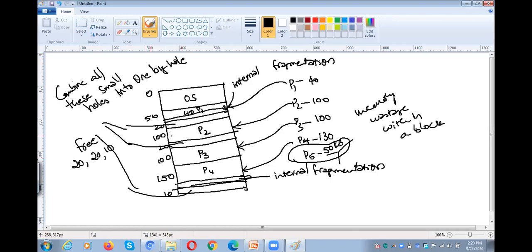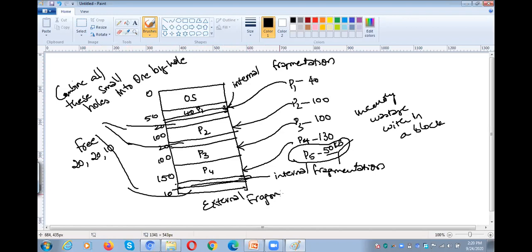Why? Because we need to adjust all these partitions to one side. We take all those external, unused partitions. That is called external fragmentation.